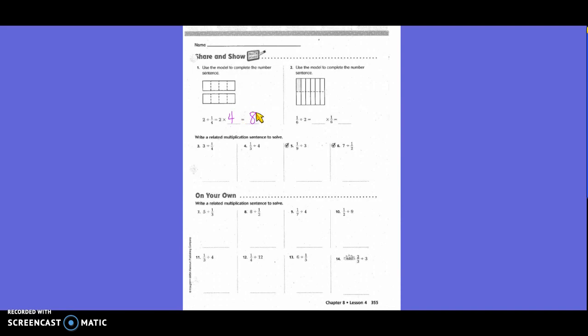Use the model to complete the number sentence. So they started with a fraction this time. So they had 1/6 divided by 2. So they said 1/6 times, what did they have to make that 2 into? Did it stay 2? It went into 1/2 because they broke the large piece into 2 pieces.